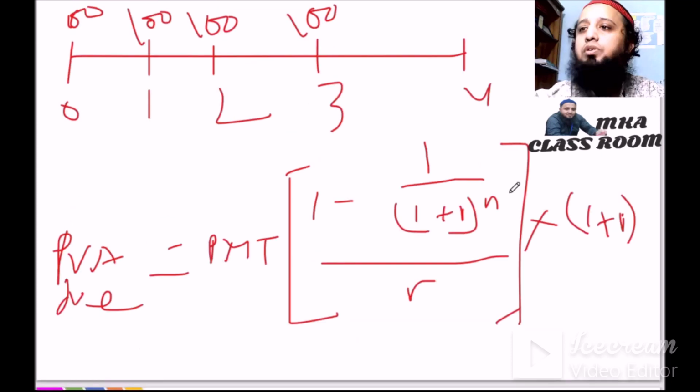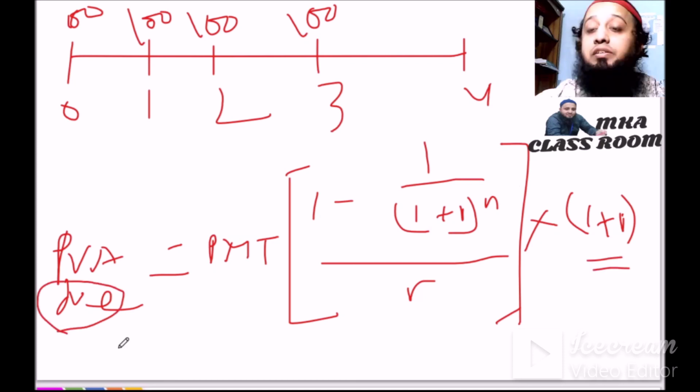Because that is the annuity due, it gets one extra period of compounding and discounting. We know it very well that annuity due takes one extra period of compounding and discounting.